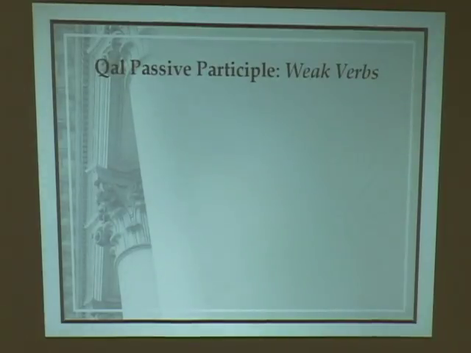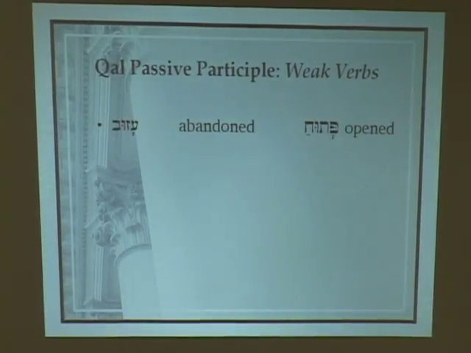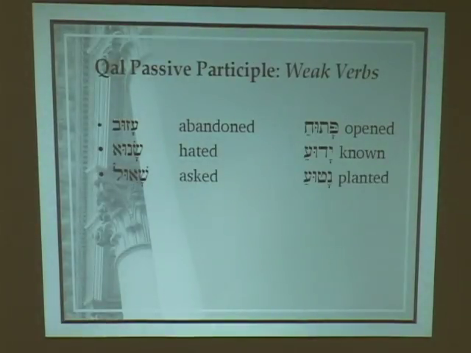Qal passive participle for weak verbs. Azuv, abandoned. Patuach, opened. Sanu, hated. Yadua, known. Shaul, asked. Whose name is it? Saul. Asked.